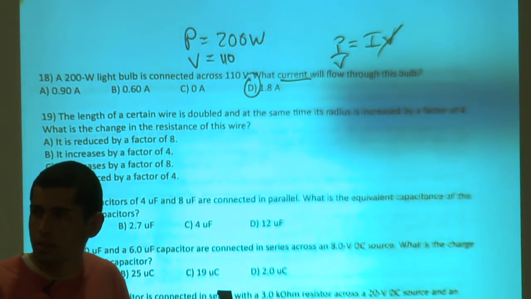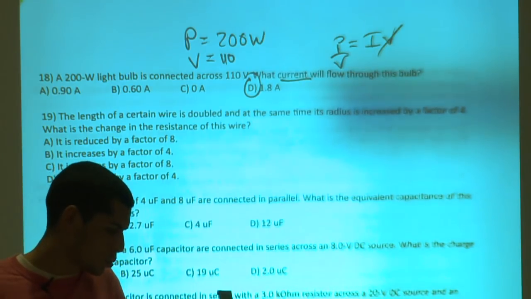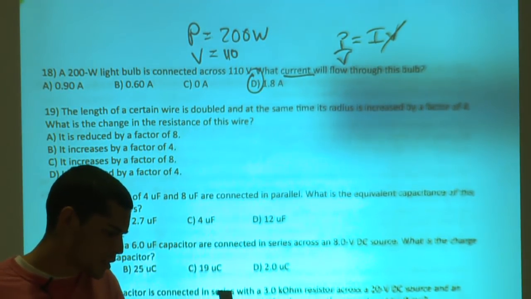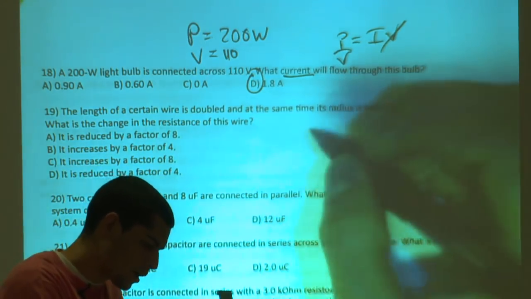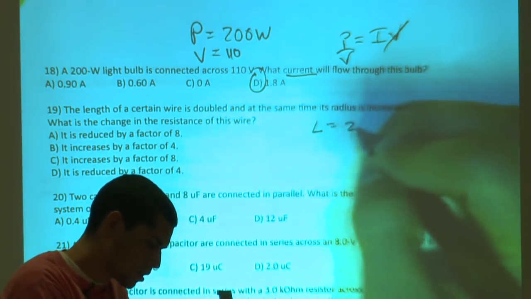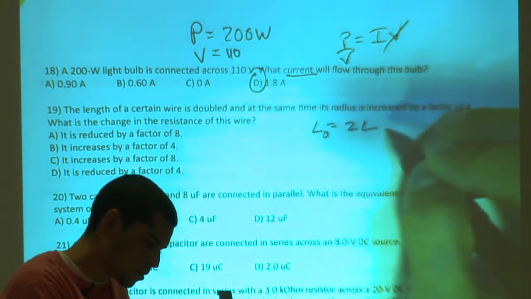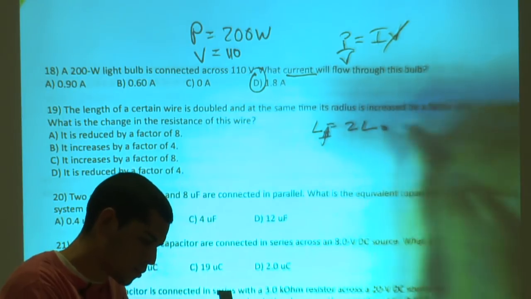Any questions? No? Cool. The length of a certain wire is doubled, and at the same time its radius is increased by a factor of 4. What is the change in the resistance of this wire? So the length of a certain wire is doubled, so L final equals 2 L original.